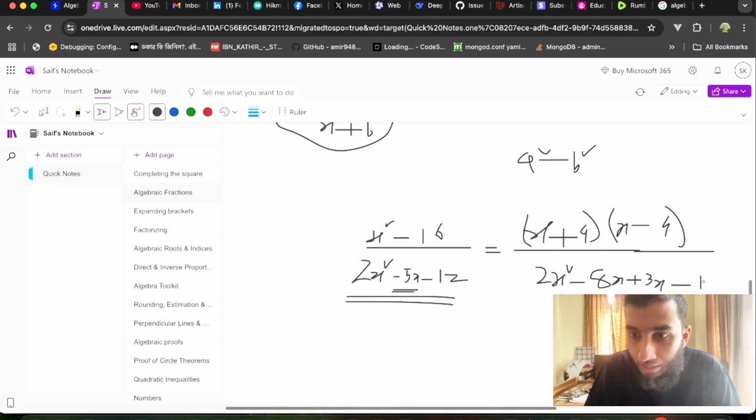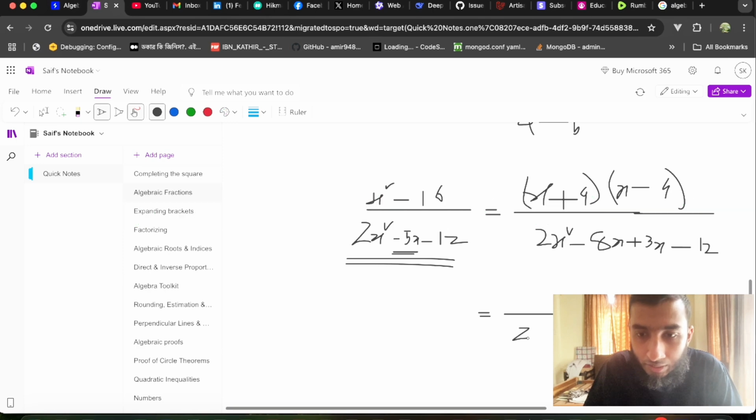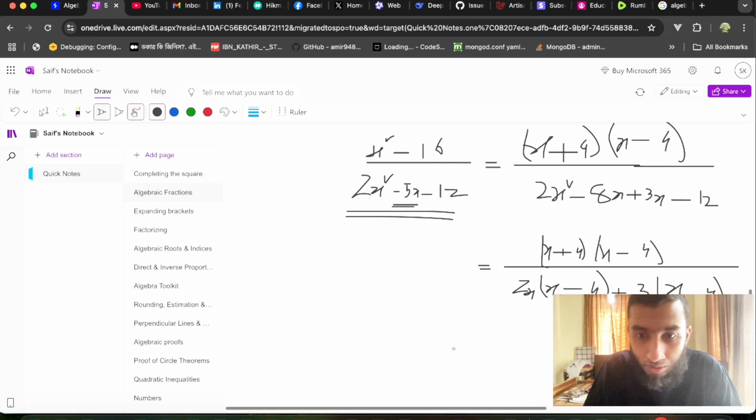Minus 8x plus 3x is minus 5x. I can write this as 2x multiplied by x minus 4 plus 3 multiplied by x minus 4, and the upper part is x plus 4 multiplied by x minus 4. So I have the denominator as what?